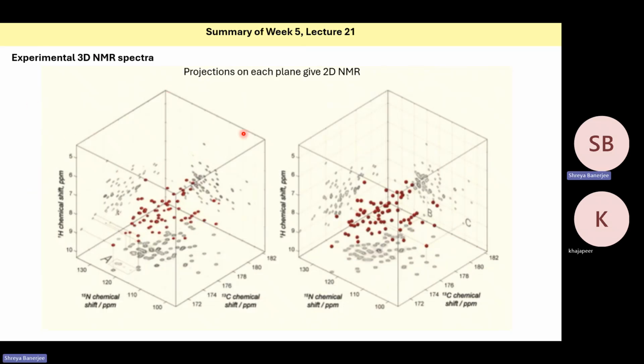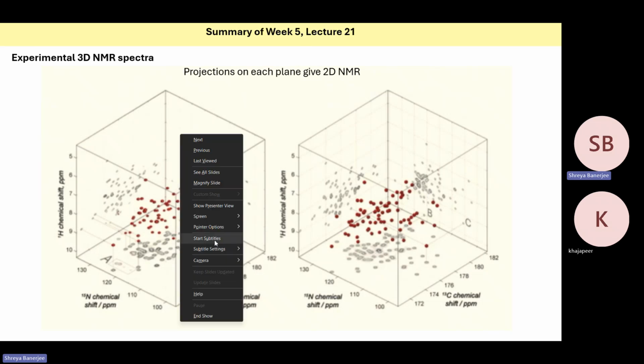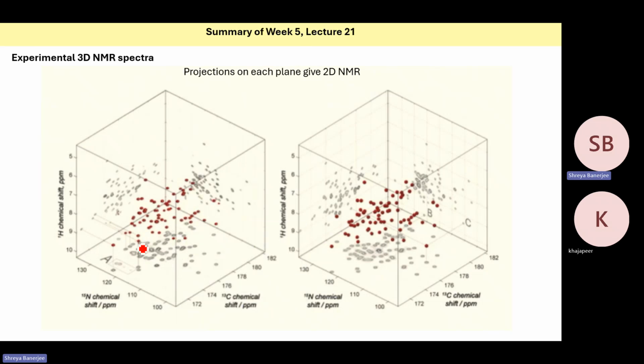So an experimental 3D spectra will basically look like this. It will be a 3-dimensional space, which is like a cube over here. The red dots that you see are the 3D spectra. Now, if you make projections of the dots on the different planes, so this red dot, I am projecting it on this plane, which is the 13C 15N plane.